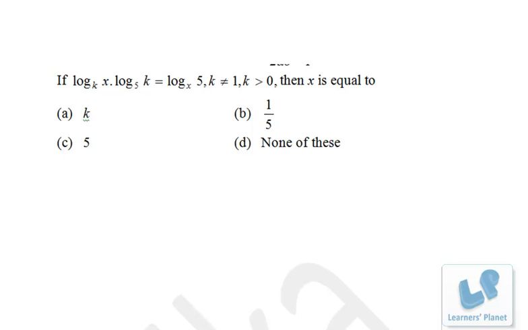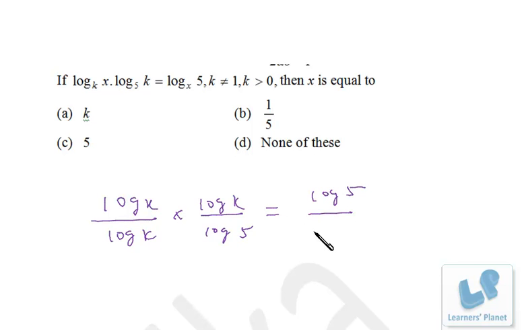This one, for the base, here k is in base and here k is in index. So I just write log x by log k into log of k by log of 5 is equal to log of 5 by log of x, right?